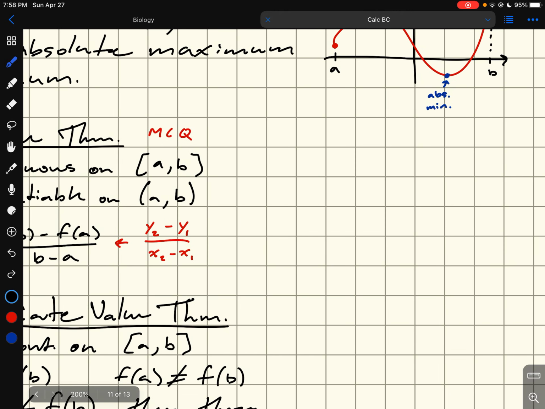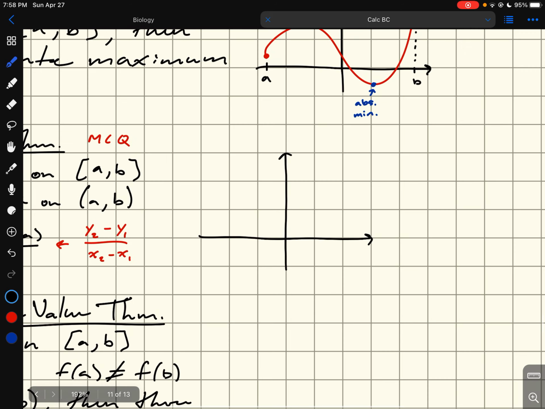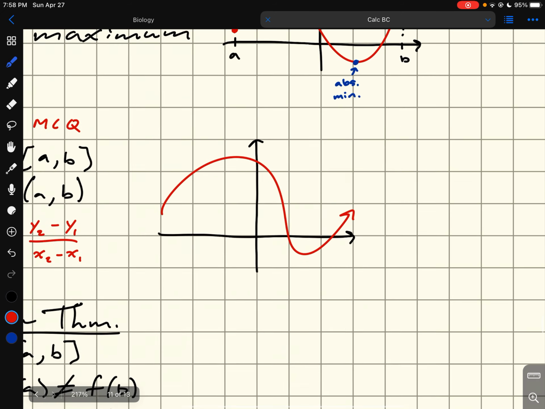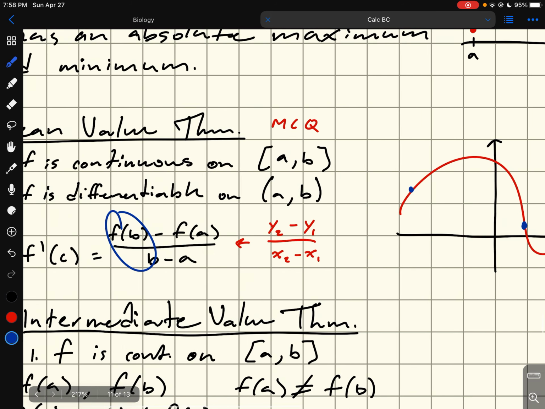So if we draw our graph, oh, ugly. Here, let's say our graph looked like this. Very simple. And we have a point here and a point here.